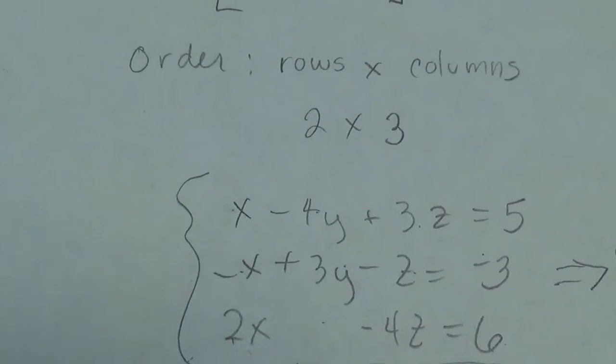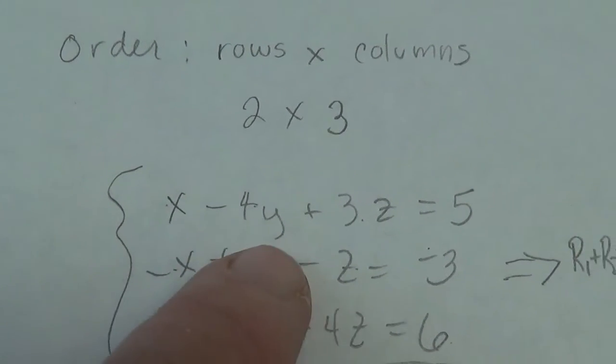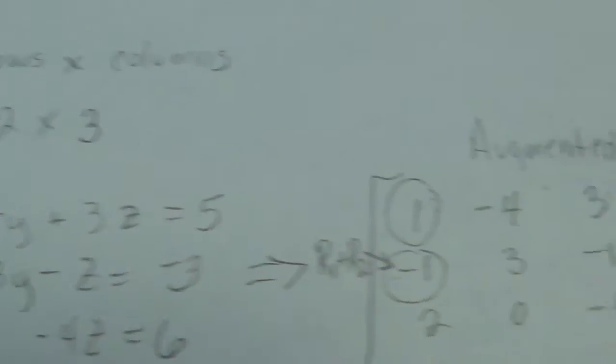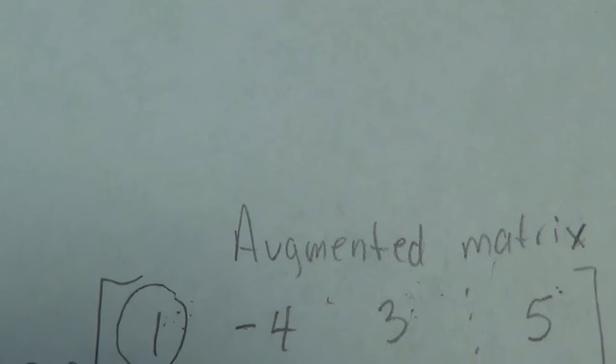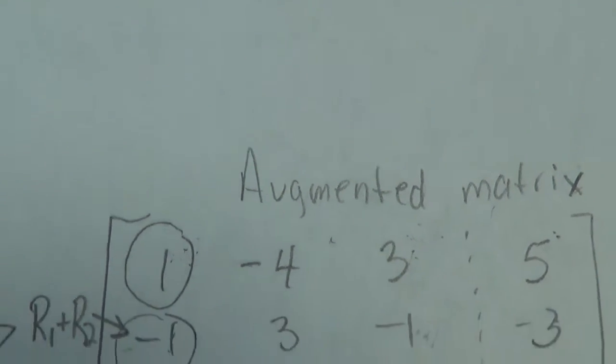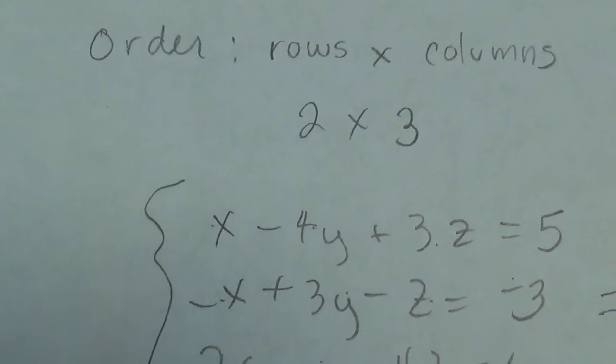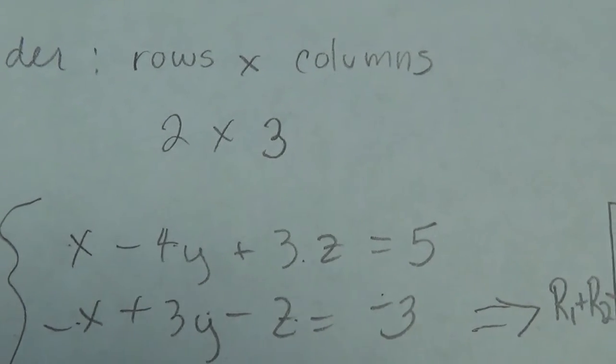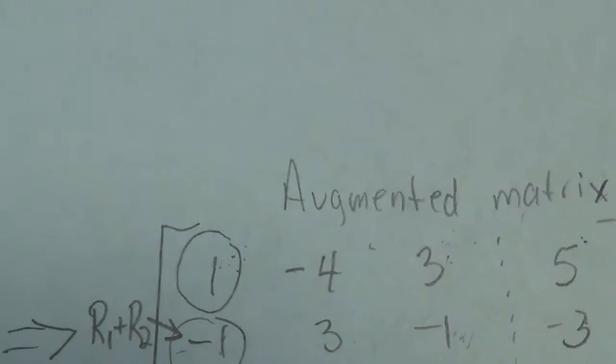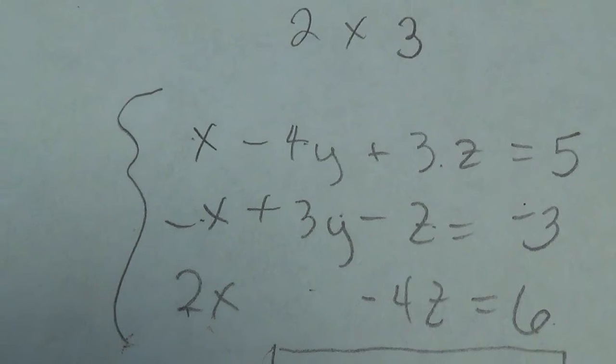So I took the 1, the -4, the 3, and the 5, and it became the first row in my augmented matrix. Notice the -1, 3, and -1, -3 became the second row, and the third will be a 2.